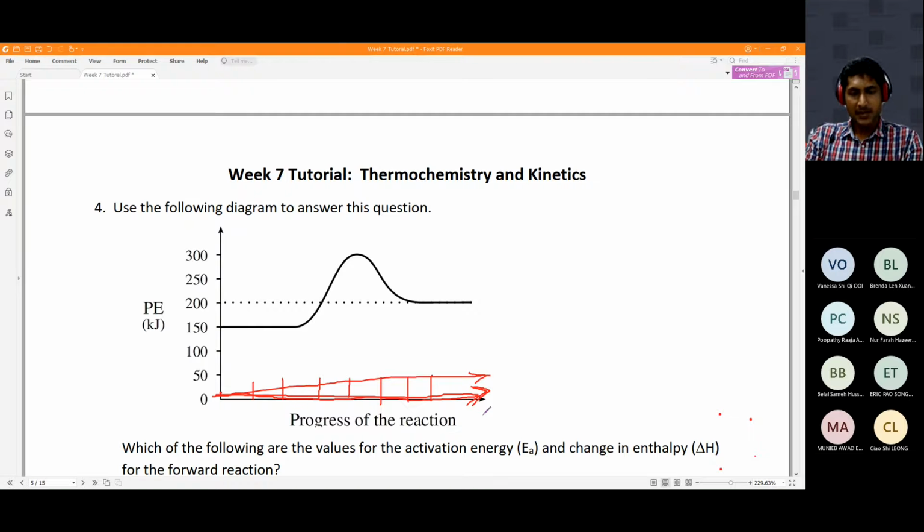So the progress of the reaction is something I have to quantify, right? When you're putting it on the graph, you must have some quantity or some values. If you say it is very good, it is less good, it is very bad, you cannot draw any graph that way.